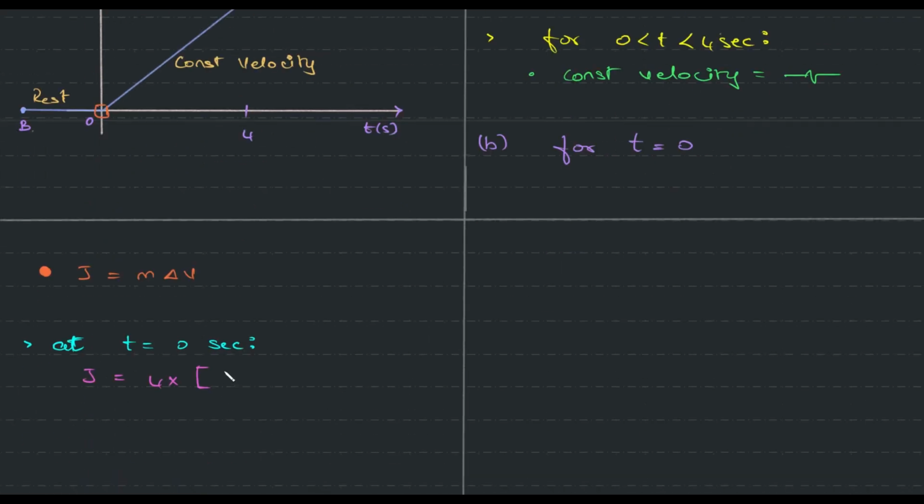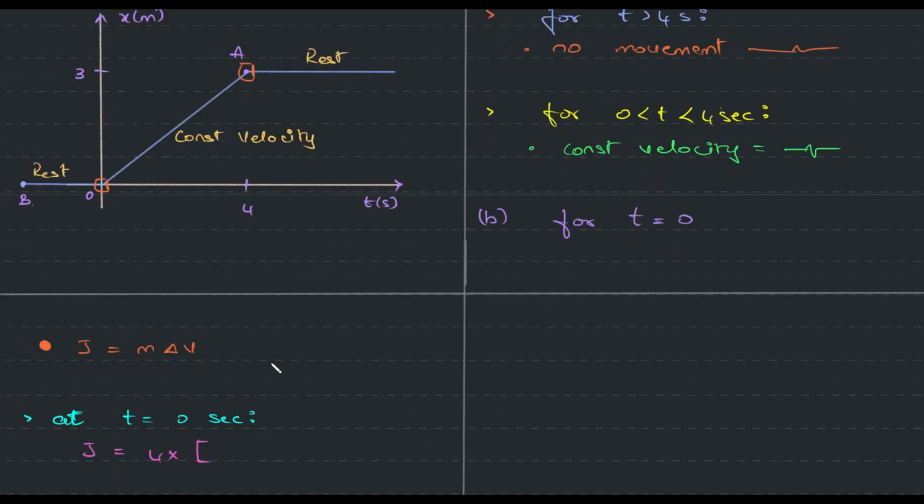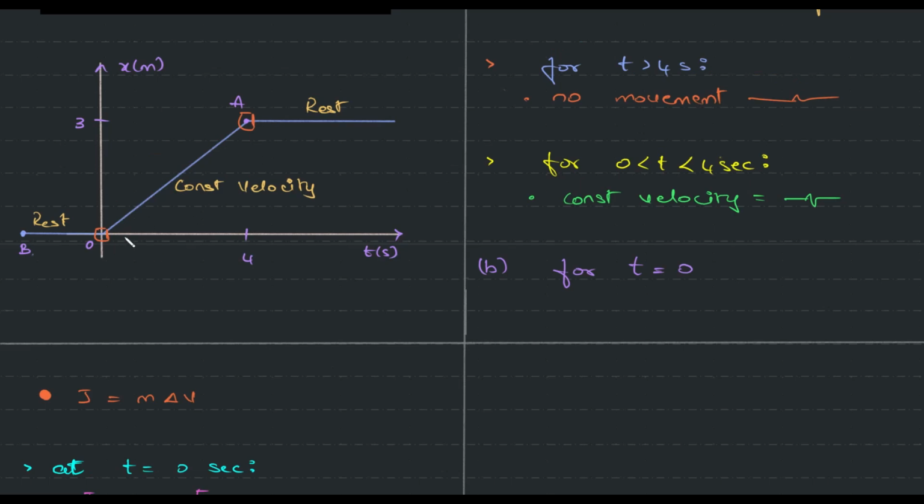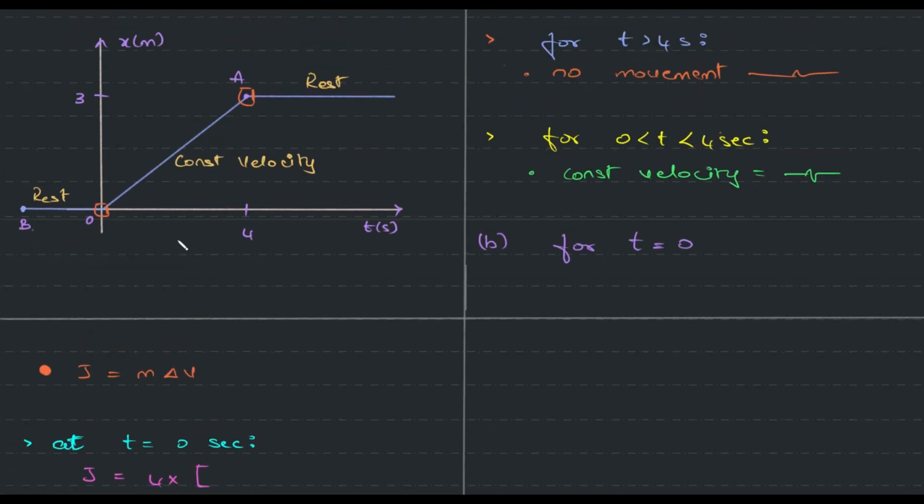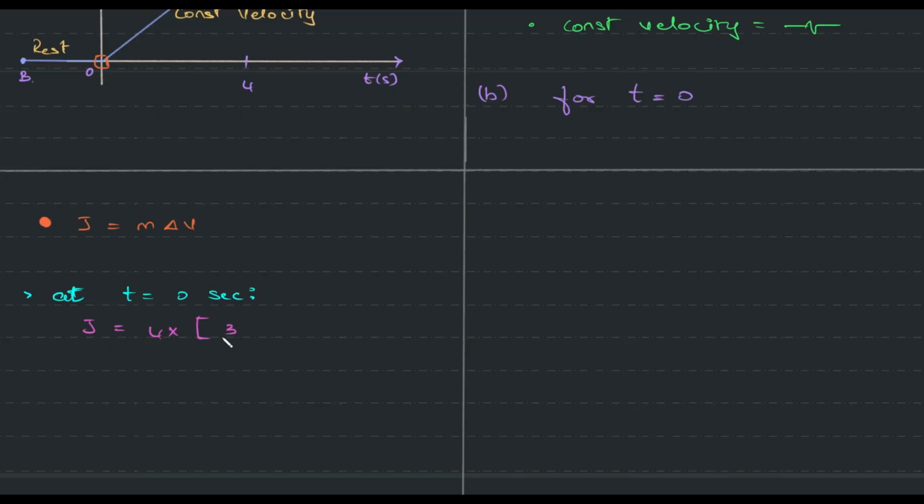We don't have the velocity over here. Final velocity is given by the slope of this line. Slope of this line is 3 by 4. So 3 by 4 minus 0.